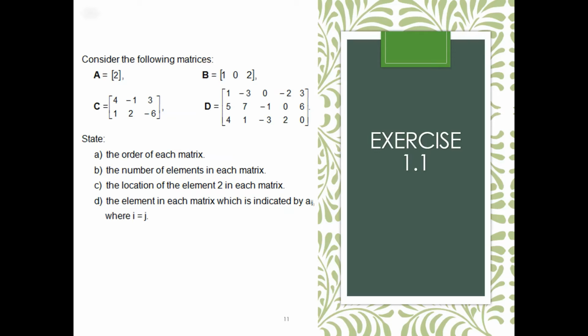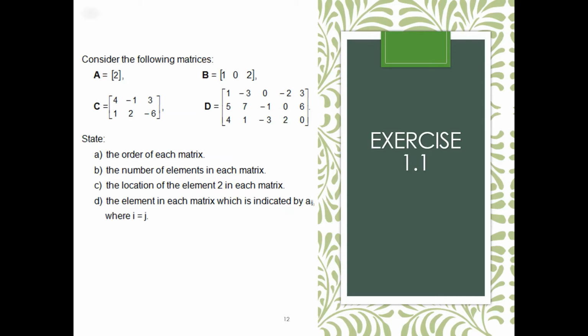As for the number of elements, matrix A has 1, matrix B has 3, matrix C has 6, and matrix D has 15. The number of elements in each matrix can be determined by multiplying the size. For example, if the size is 2 by 3, the number of elements inside that matrix should be 2 times 3 equal to 6. Let's proceed with the answer for C.